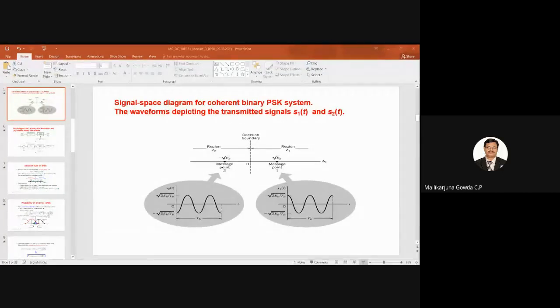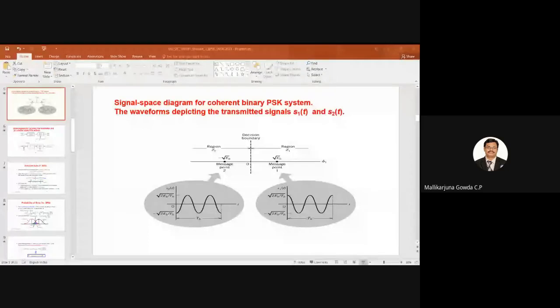The decision device will take a decision based on where the value of x1 lies. Let us assume that there are two possibilities of getting error. Is it possible to say what those two possibilities of error are? Yes, my dear students, are you understanding what I'm saying?